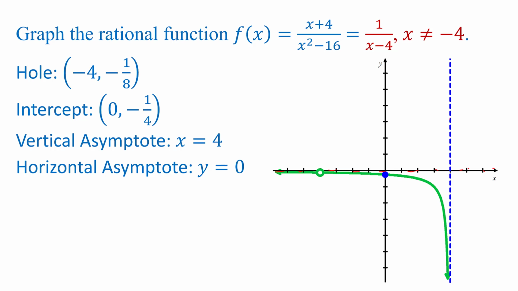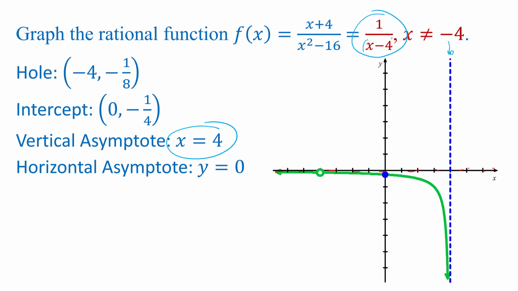What's happening to the right of my vertical asymptote? Well, to the right of my vertical asymptote, I need to pay some attention to the factor in the denominator here of x minus 4, from which I get that vertical asymptote.